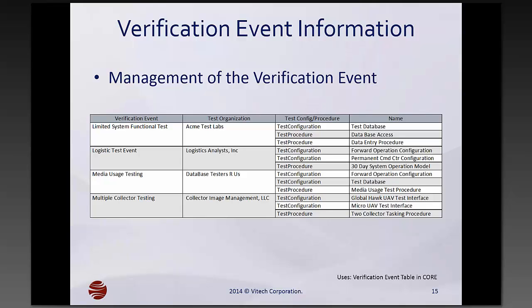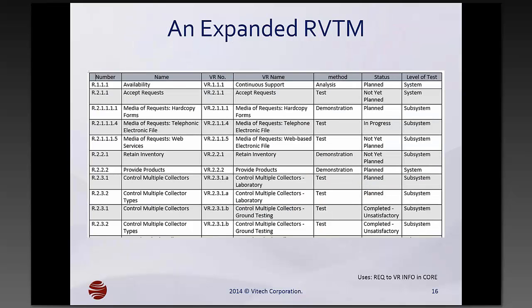And finally, combining all the last 3 tables, we now get to a much larger RVTM. At the beginning of this presentation, I talked about a requirement verification traceability matrix where we had the requirement number and the name, and all we said was the method of the verification. Now we have much more. We have a lot of expanded information here.